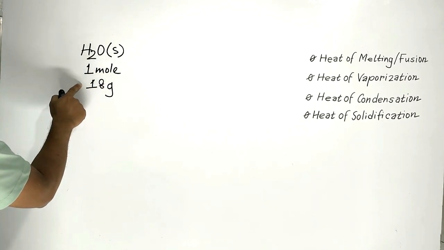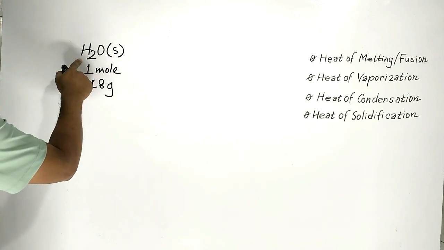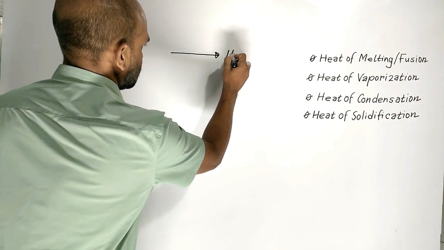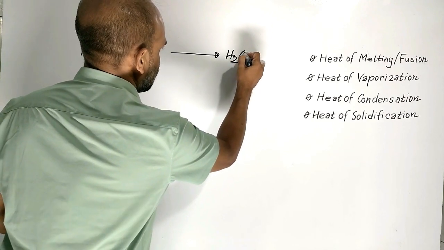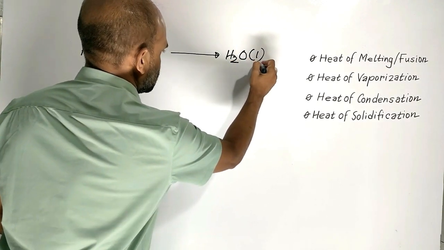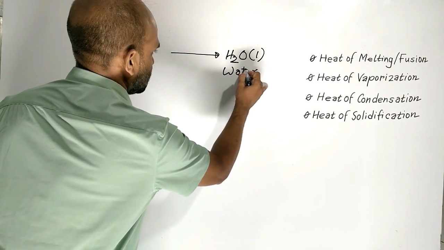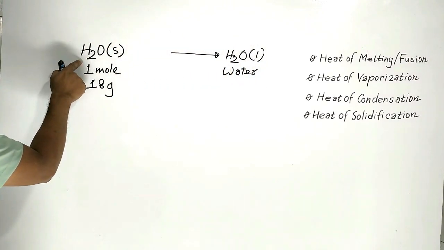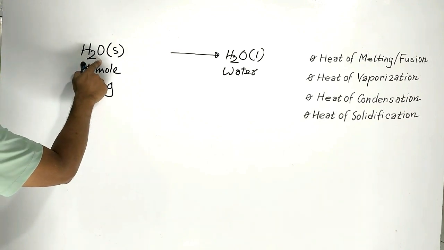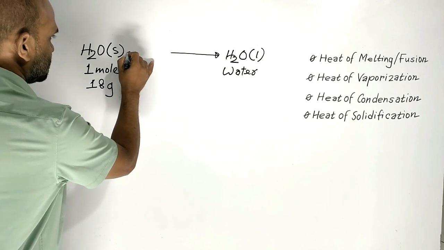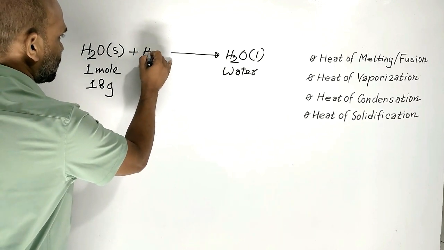When 18 gram of solid H2O is converted to liquid H2O, which is actually water, then solid H2O, which is normally known as ice, receives some amount of heat.